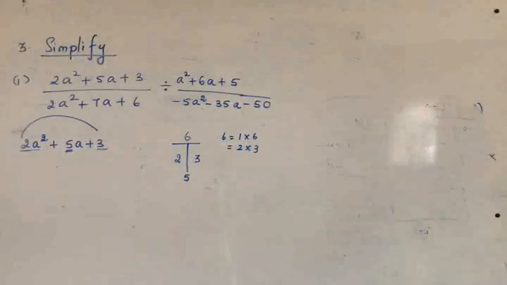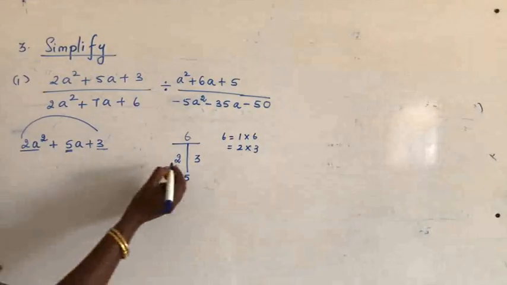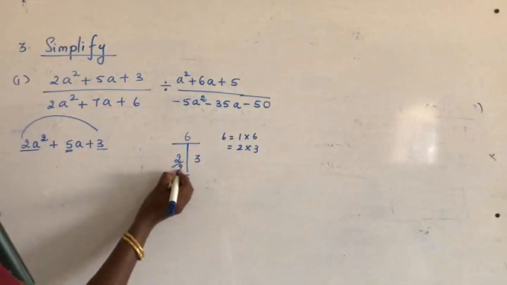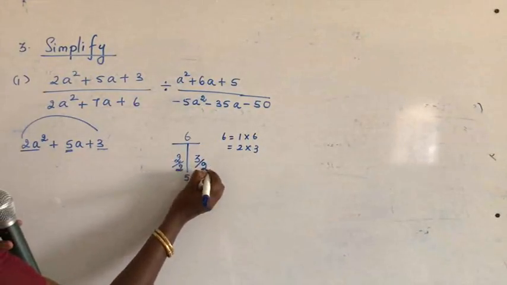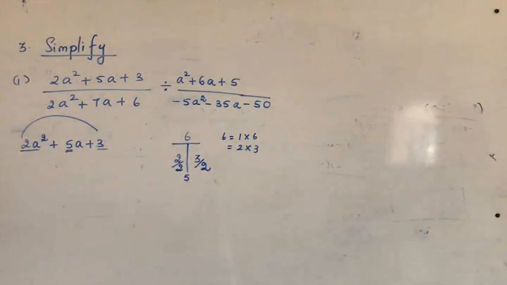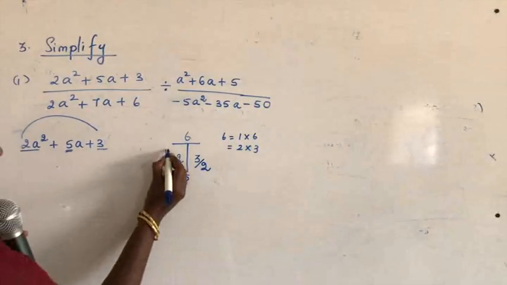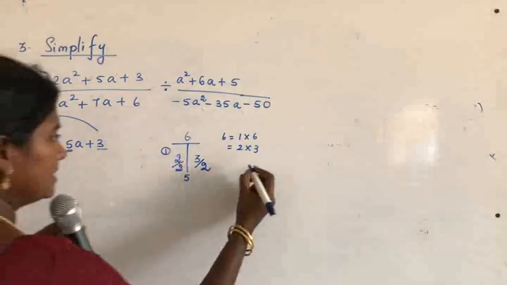Now one more step is left. What is the step? Since the first term has a coefficient other than 1, you're going to divide the numbers by 2, the coefficient of the first term. So you have 2 by 2 and 3 by 2. So you get 1. And how to write this? Let's see.